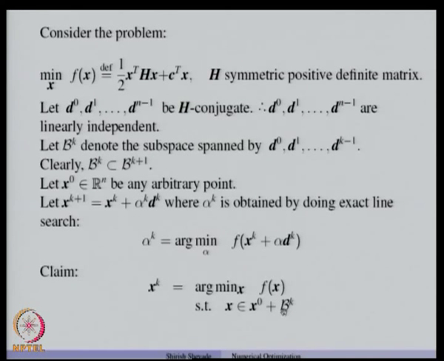If the process is repeated n times, then at the end of the nth iteration, or n line searches, we will have got x star, the minimum of this objective function.